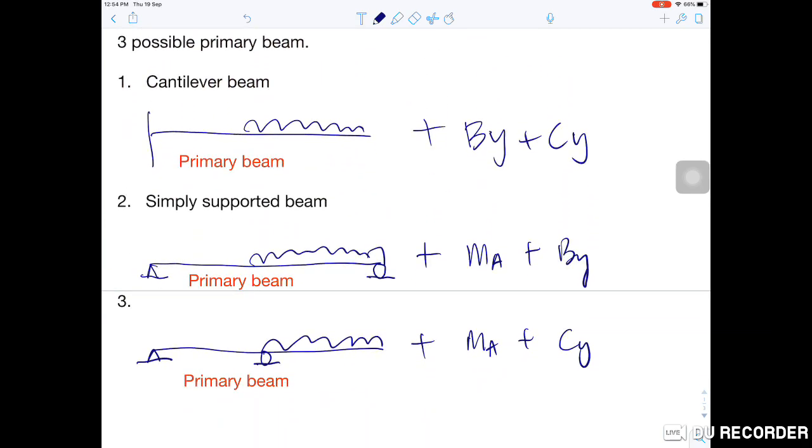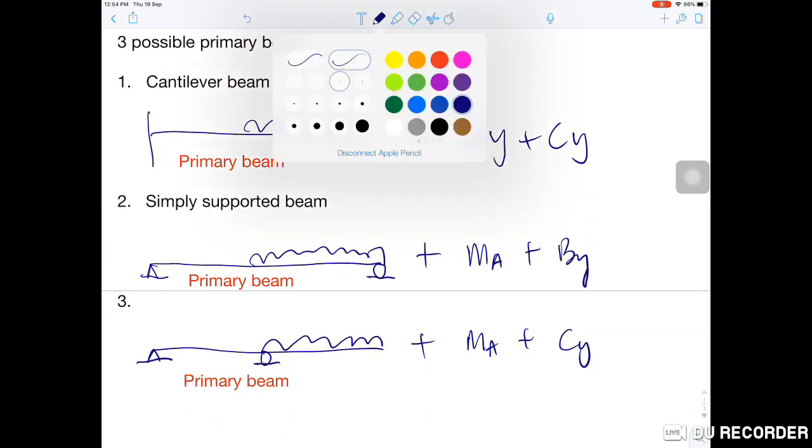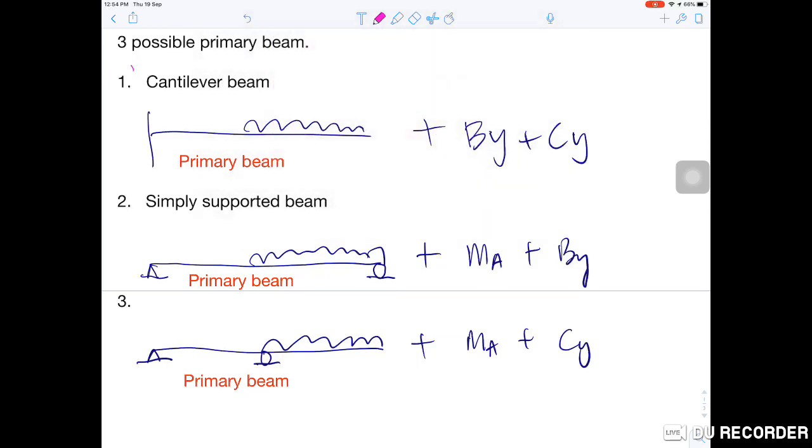Okay, so let's say I want to choose this one. To derive the compatibility equation, I choose possibility number 1.